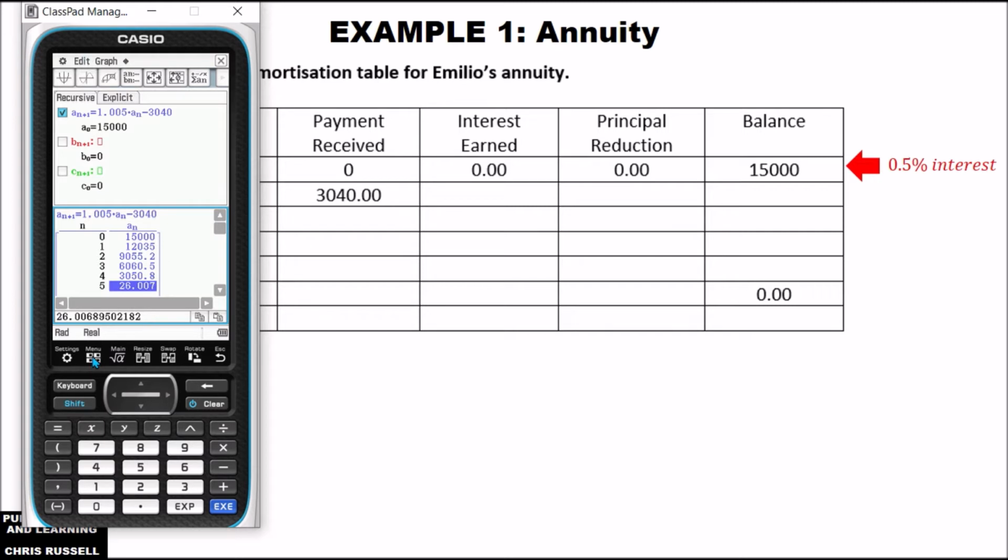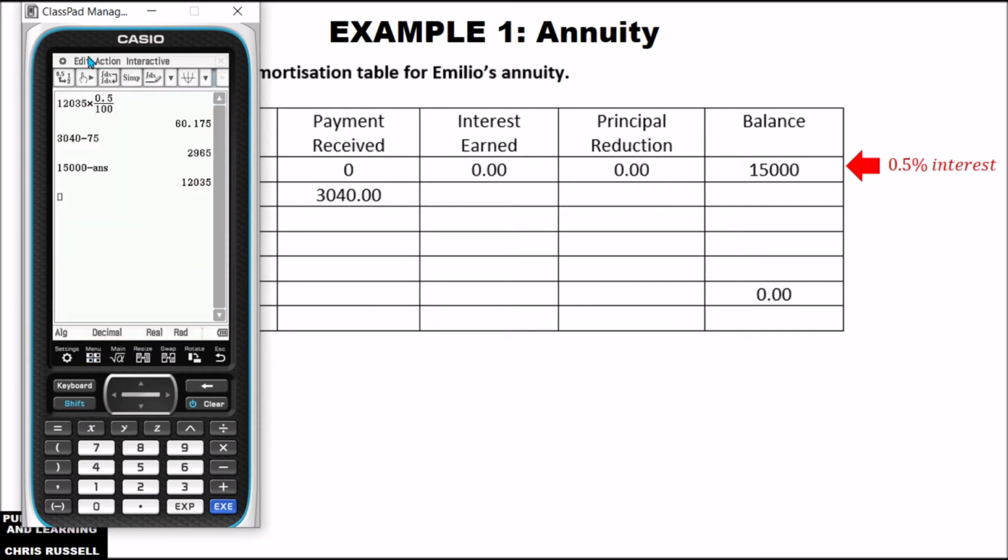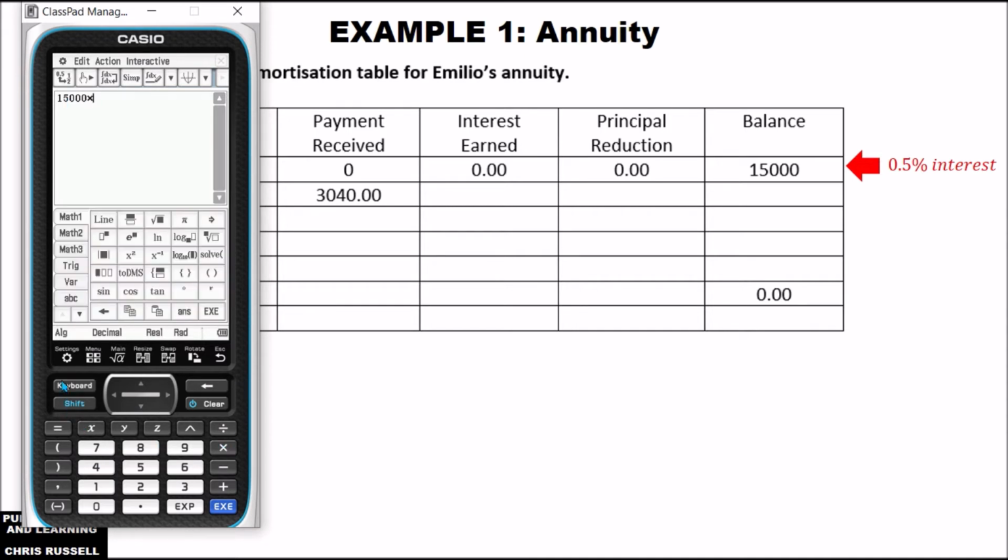So to work that out, we can go to the main screen, and what we do is we have the balance of 15,000, and we can multiply that by 0.5 divided by 100. Go execute, and we get $75.